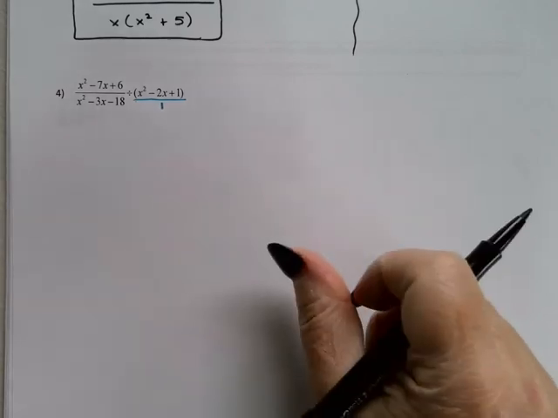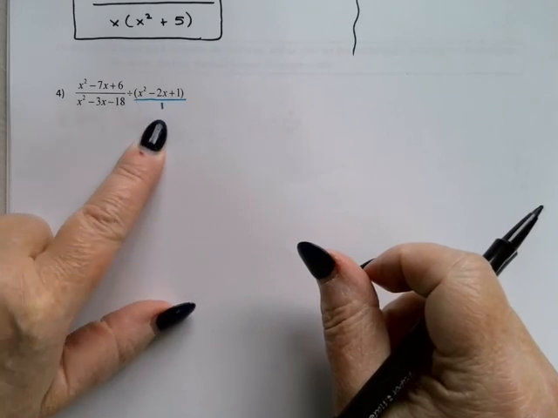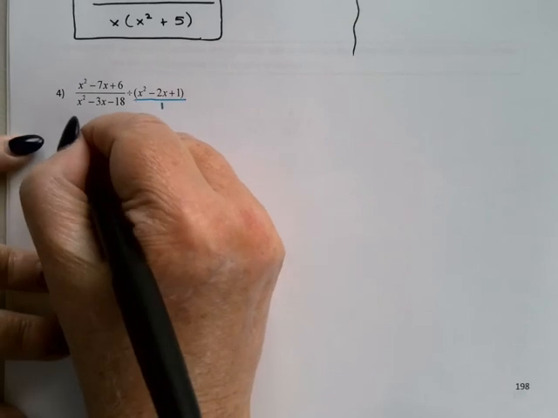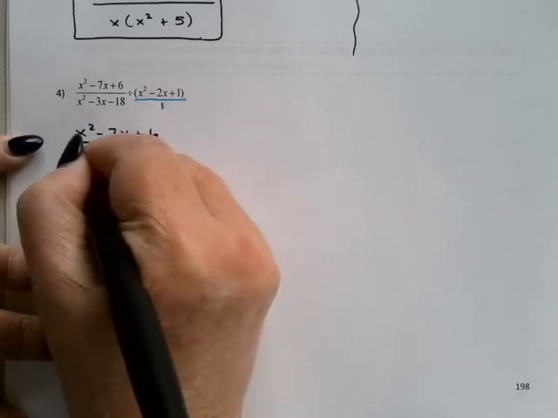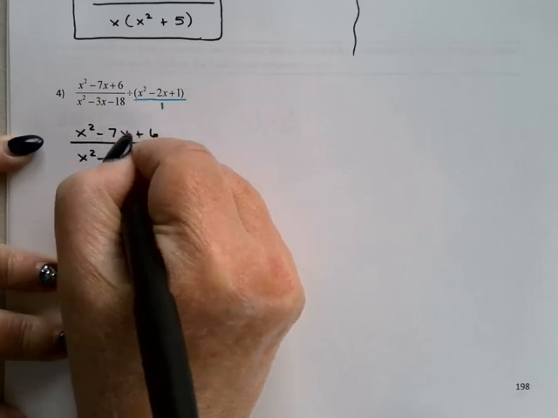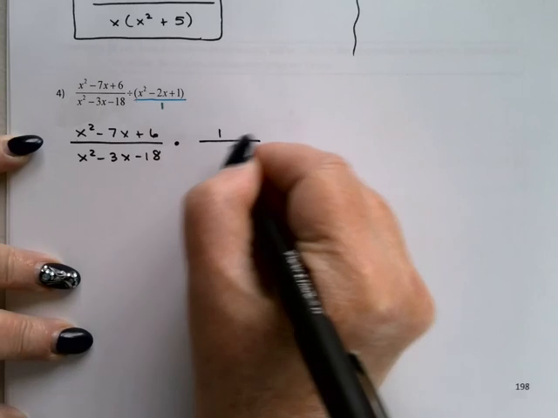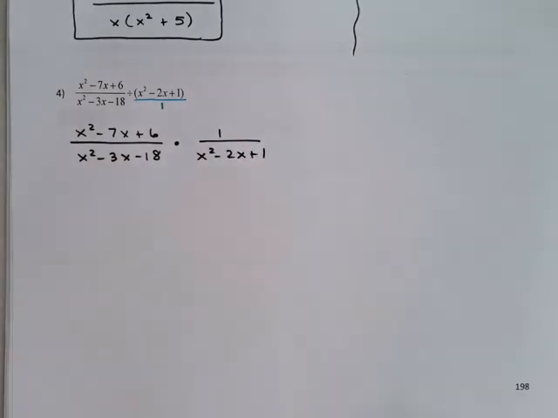I'm going to need to think of it that way this time because of the division. That's going to require me to take the reciprocal of this. So I definitely needed to know that that 1 was down there. So I'll start by just rewriting this. And then I'll multiply by the reciprocal. So change to times and 1 over x squared minus 2x plus 1.